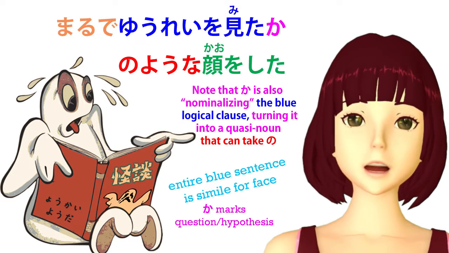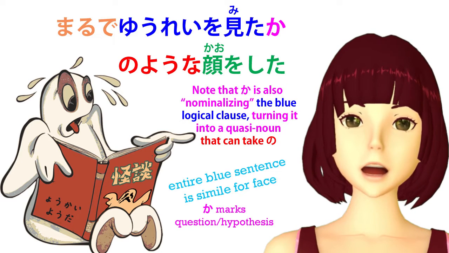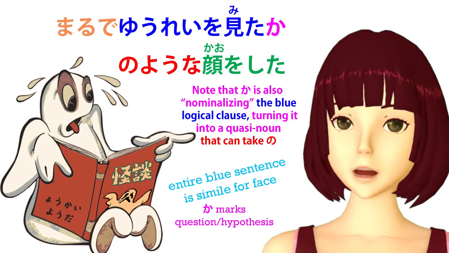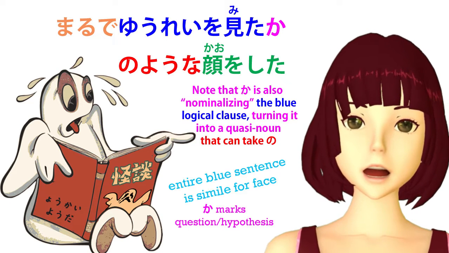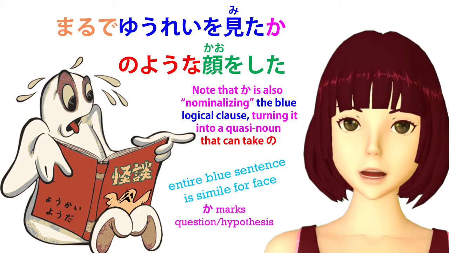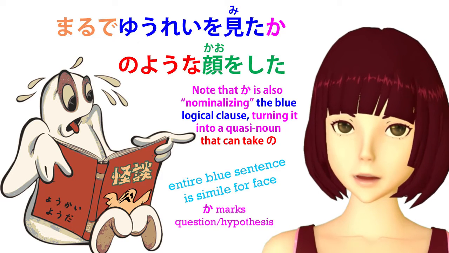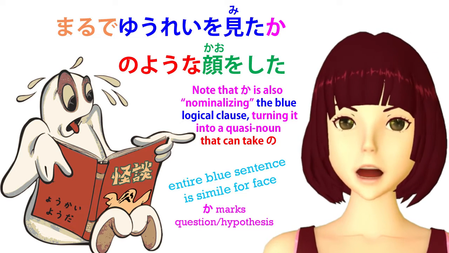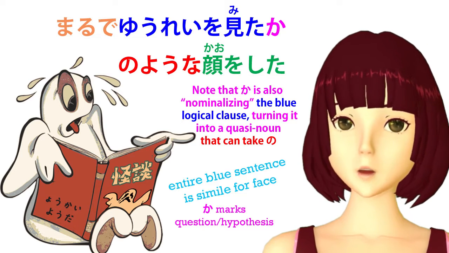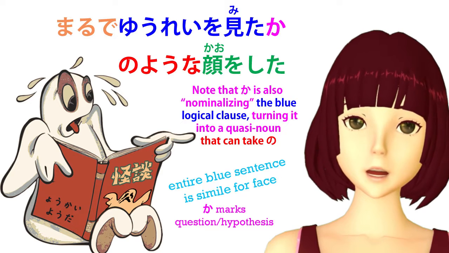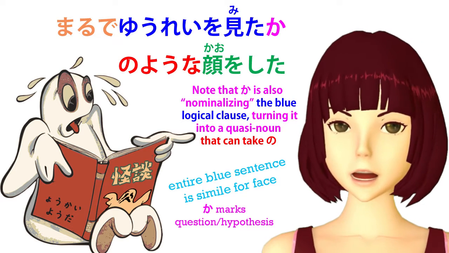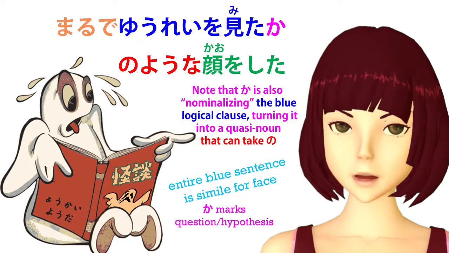It's marking "yūrei o mita" as a question, a proposition, a thing that's not certain. In fact, in this particular case, a thing that hasn't happened. We're not saying that the person has seen a ghost. We're only saying that she had a face as if she had seen a ghost. So we're marking the proposition that she'd seen a ghost as a question and then continuing to comment on it.